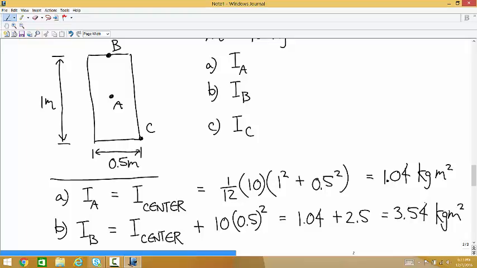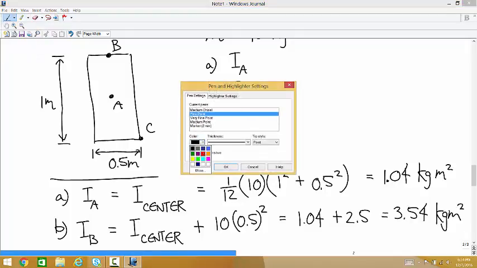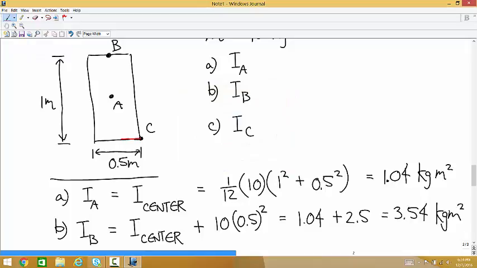Wouldn't C be the same? C is a little farther away, yeah, you have to use the Pythagorean theorem. If you think of this right triangle.